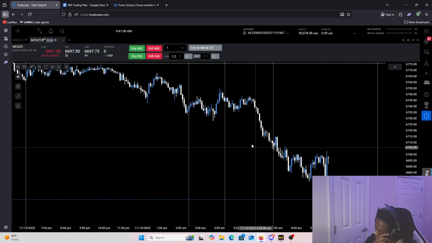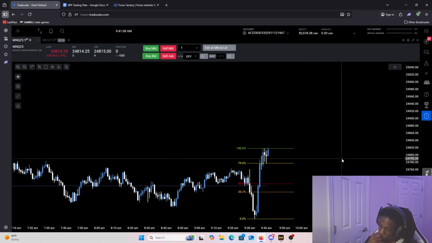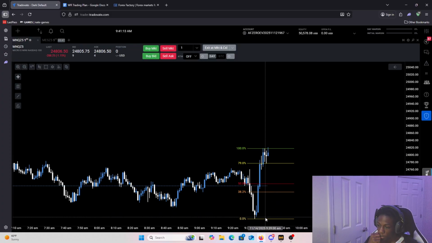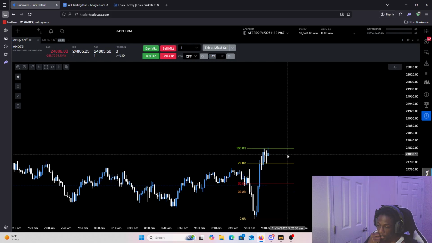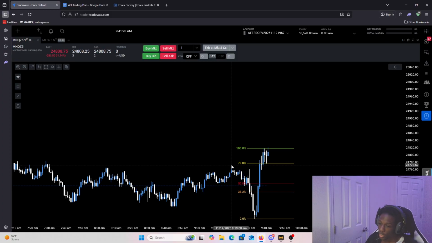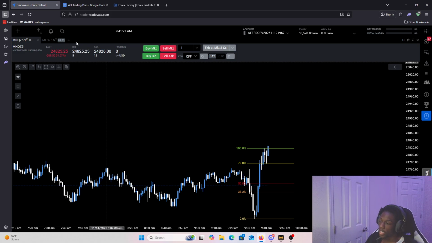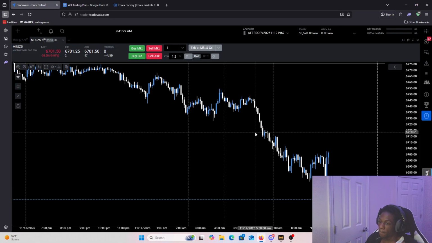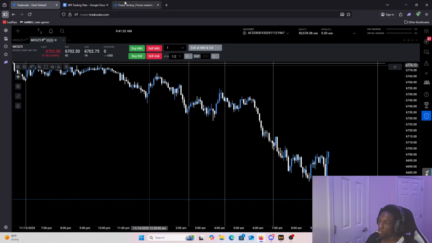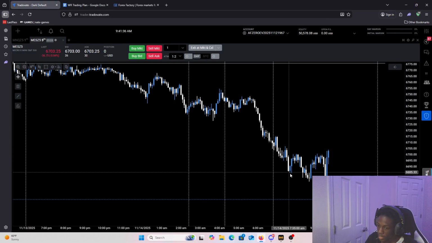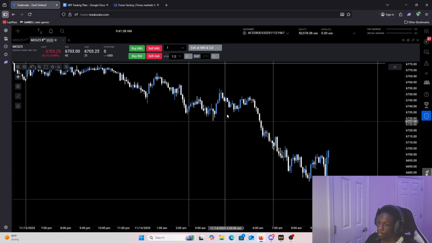All I know is this is not break structure here, so I'm still willing to wait unless we get some bullish signal, because it broke here. So if we get a fair value gap or inverse fair value gap or something like that, then I'm willing to go in. But let's see. Wait for draw on liquidity to happen. Did the draw on liquidity happen? This one did not hit it, but the other one did.